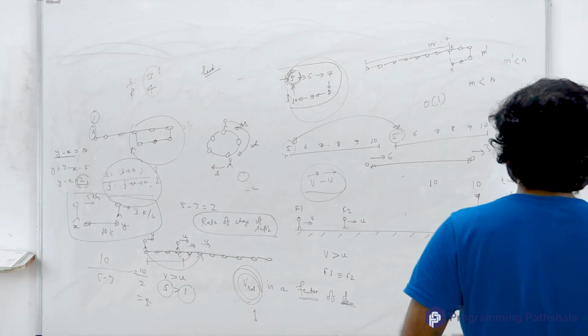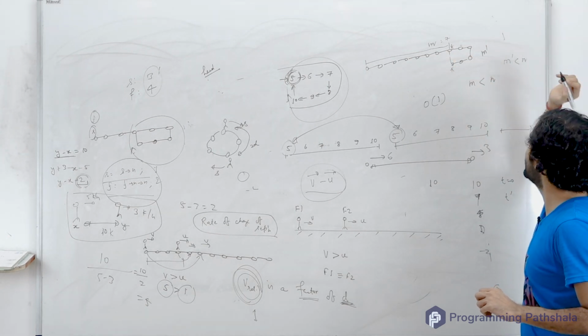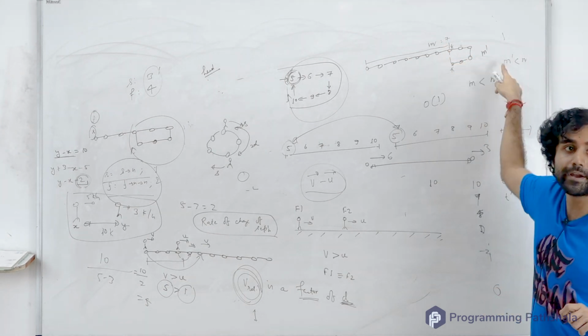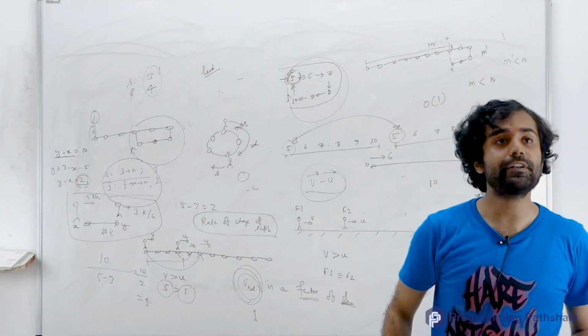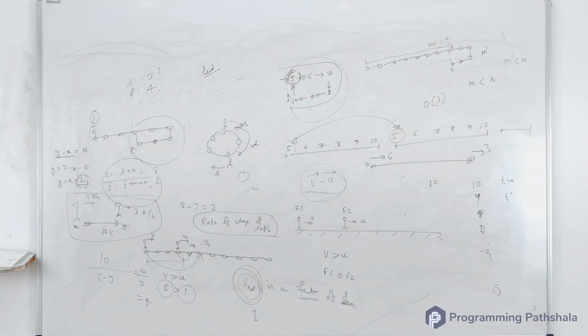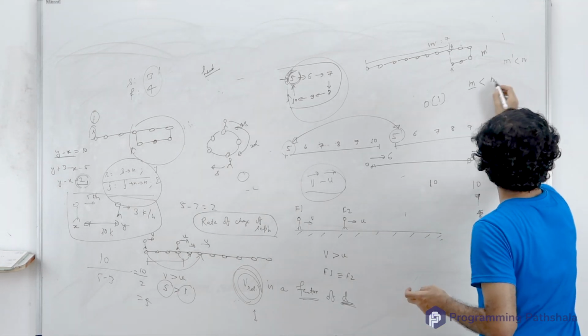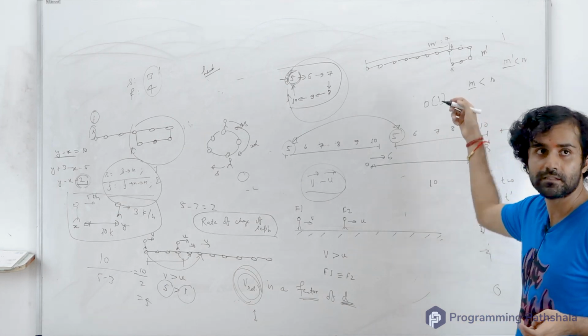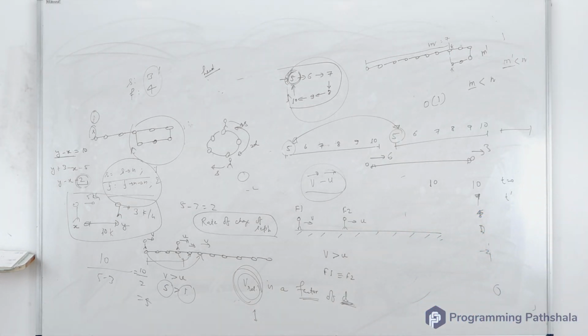Now what is the relative speed? The relative speed is 1 unit, and if the separation between the pointers is m dash and the relative speed is 1, after how much time will they meet? Can I say they will meet after m dash time? Yes. And because m is of order n and m dash is also of order n, I can say that approximately after order n time, both of them will meet.